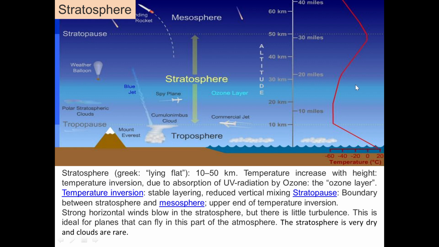What is ozone? Ozone is a triatomic oxygen. It is a layer present in the stratosphere, and its significance is that it absorbs the ultraviolet radiation coming from the sun, and for that reason the temperature increases, and so temperature inversion is happening.